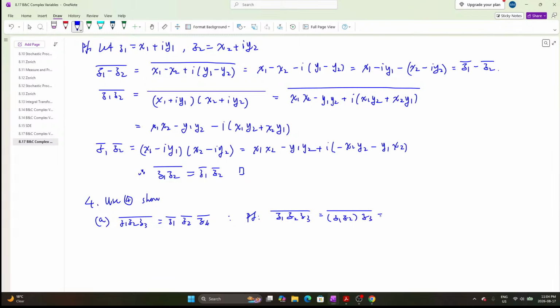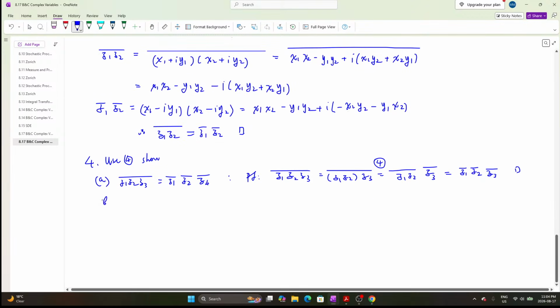So this is the conjugate of z1 z2 times z3, which is z1 z2 conjugate times z3 conjugate. Here we use 4, and here we use it again, giving z1 bar, z2 bar, and z3 bar. That's the end of the proof of part A.